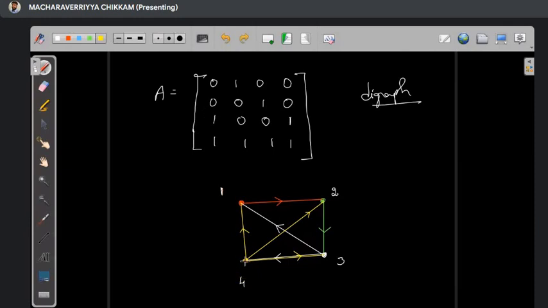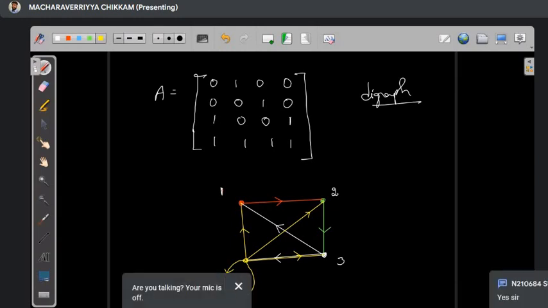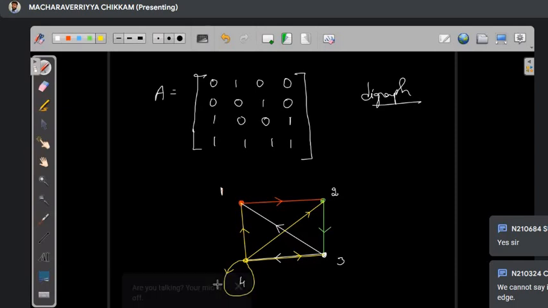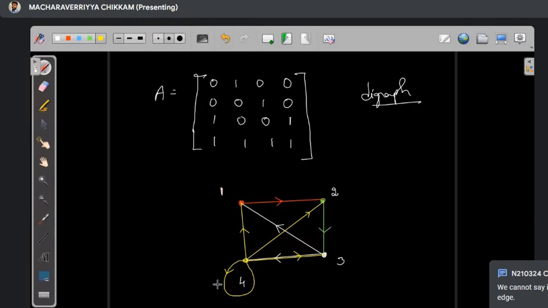Are you saying that since there is a loop, it is a mixed graph? We don't really worry about loops. Whether you give direction or don't give direction, it doesn't matter. We say it is a mixed graph if you find a directed edge and an undirected edge.